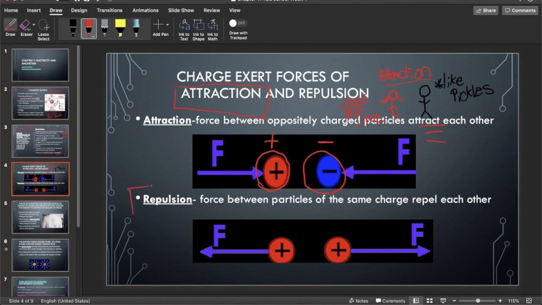If you are repulsed, or the repulsion factor, okay, the force between particles of the same charge repel each other. So let's take a look at the pickles example again, and let's just say that she actually likes pickles, and he also likes pickles, okay?